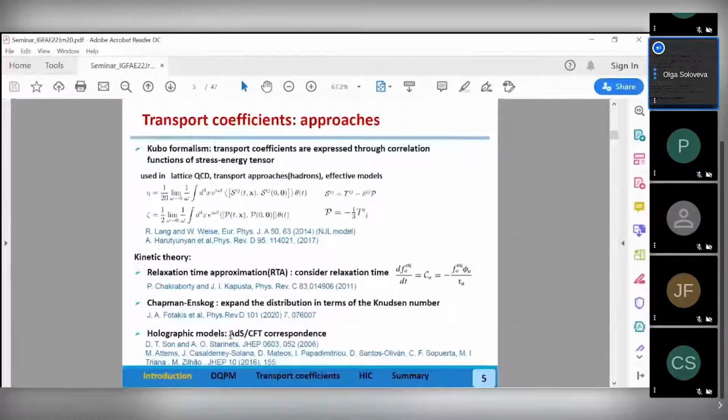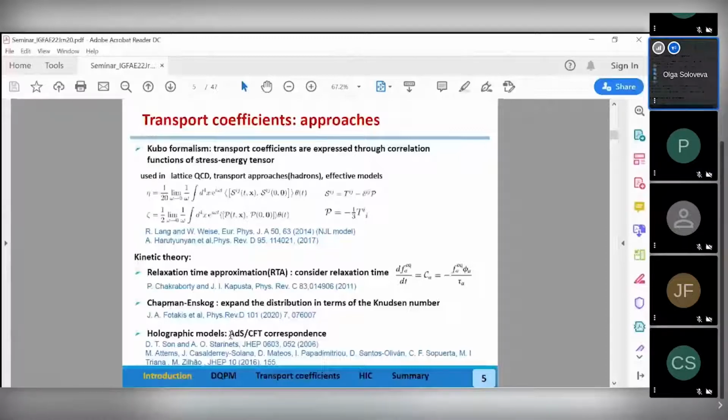One of the most common is the Kubo formalism, when you are using correlation functions of the stress energy tensor and then spectral functions. For example, it can be used in usual transport approaches, as well as in lattice QCD and in effective models like the NJL model and our dynamical quasi-particle model.